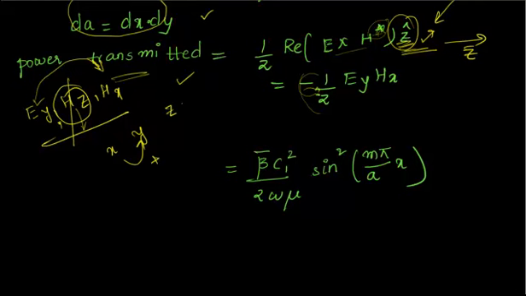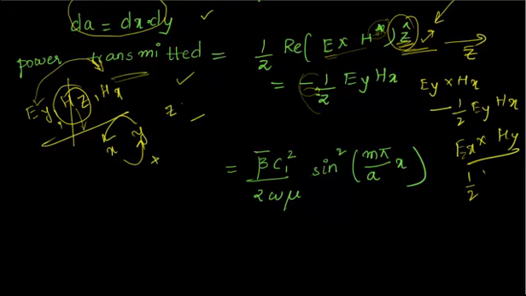But when you multiply Y into X, you write a minus sign. Because you are cross multiplying EY and HX, you write a minus sign, minus half EY HX. But if you had multiplied EX cross HY, then you would have written EX into HY. So you multiply EY HX and you get this result.